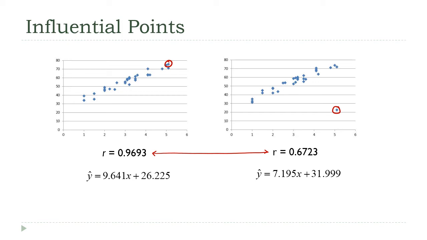And you can see there were similar dramatic changes down here between the slopes and the y-intercepts. We saw this behavior before when we were talking about the mean. The mean is very sensitive to outliers, and we're seeing exactly the same thing here.